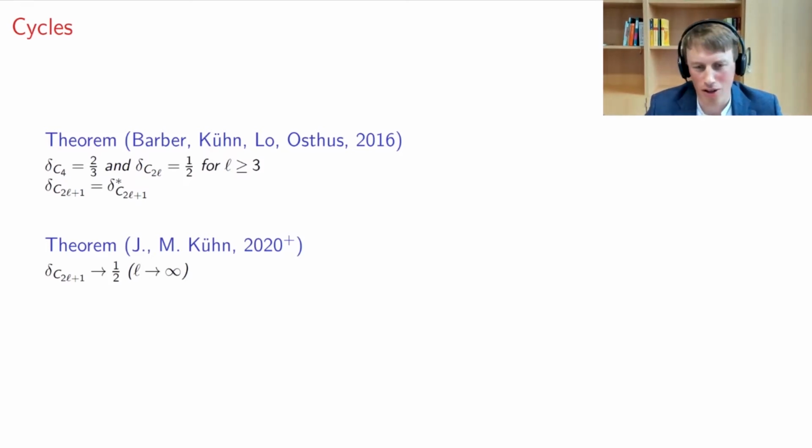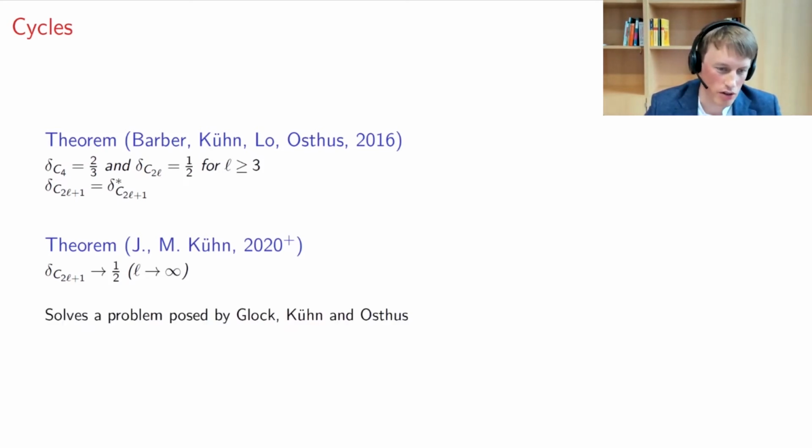It's somehow natural: if the cycle gets bigger and bigger, it gets more and more bipartite, closer and closer to an even cycle of length, let's say, 2L, and there the threshold is 1/2. This also solves a problem posed by Glock, Kühn, and Osthus, who asked whether this is true.